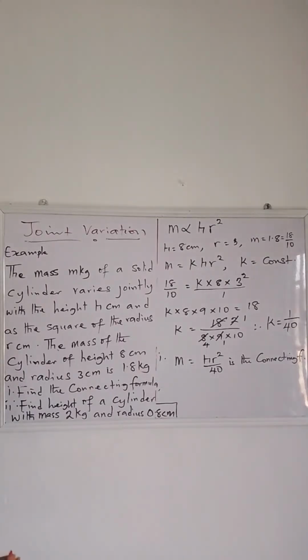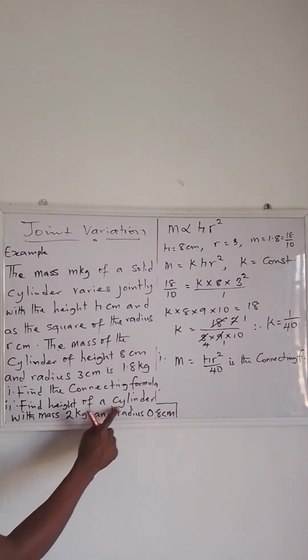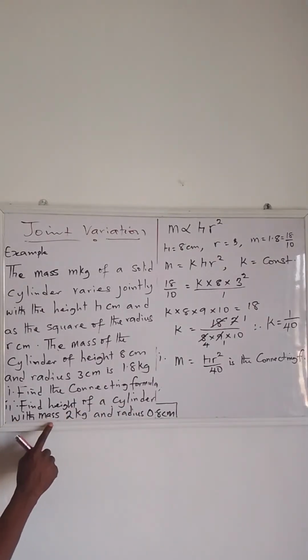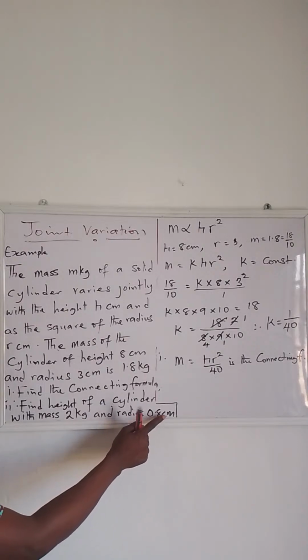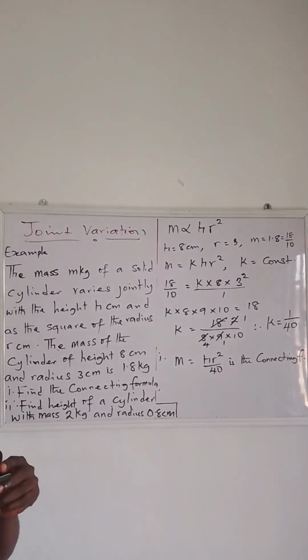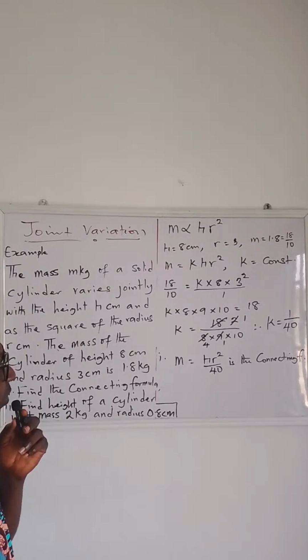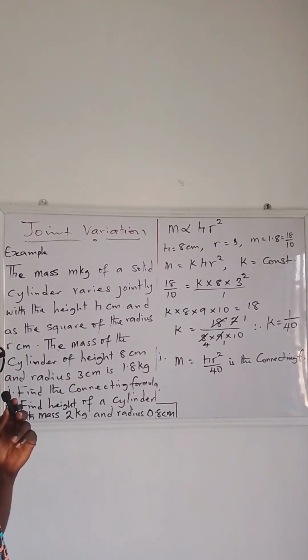Now let us look at the second task here. You have to find the height of the cylinder with mass 2 kg and radius 0.8. Now let's plug in these values. Since we want to get the height, we want to get h.